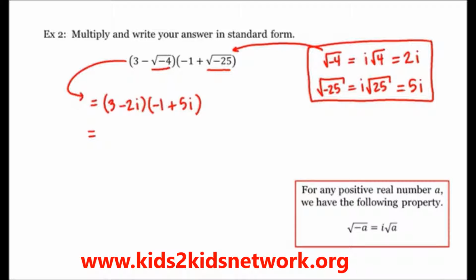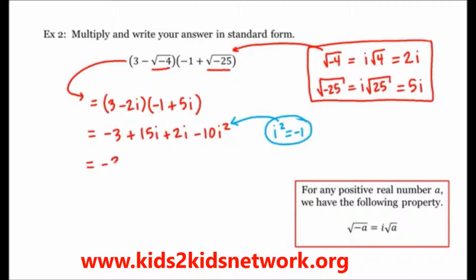And now we can FOIL. This is equal to 3 times negative 1, which is negative 3, plus 3 times 5i, which is 15i, and then plus negative 2i times negative 1, which is positive 2i, and then negative 2i times 5i, which is negative 10i squared. Again, we're going to be using the fact that i squared is equal to negative 1 here.